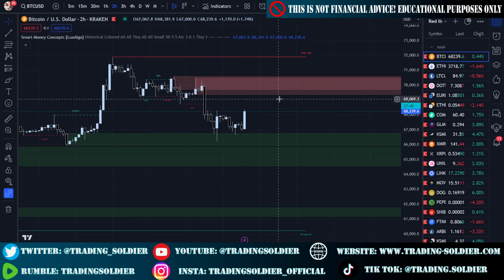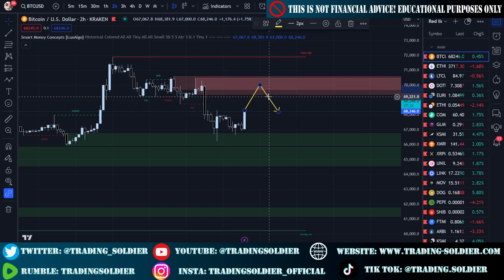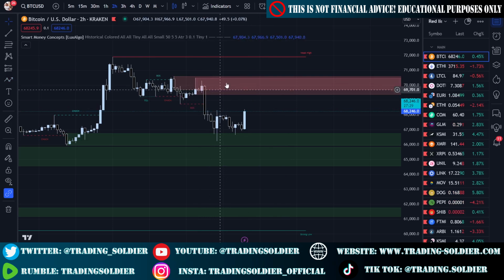So coming back into the indicator, we can also expect that when the price reaches these bearish order blocks, it will find resistance. What we can expect is that the price pumps, for example here, and then again gets rejected, because here we have a lot of supply, a lot of sell orders waiting there.